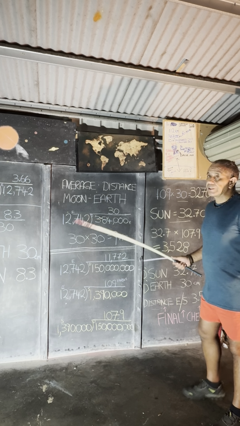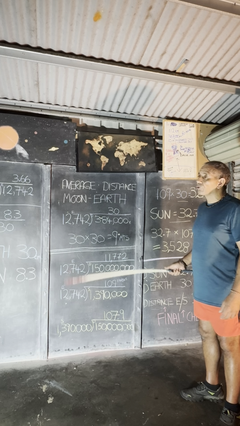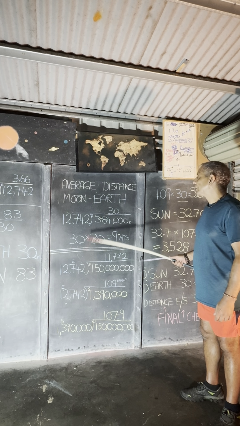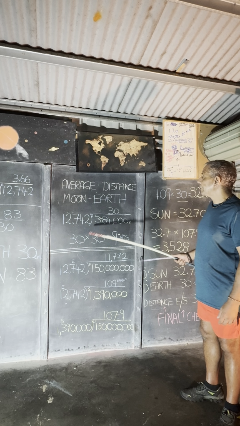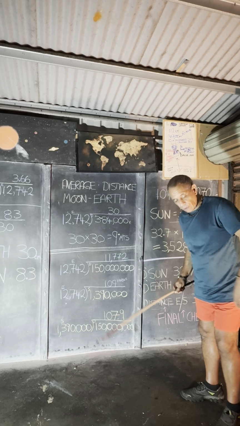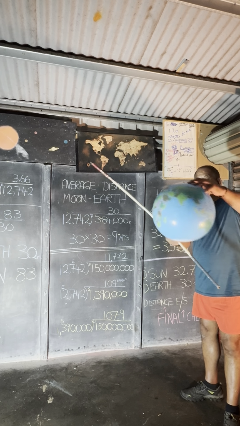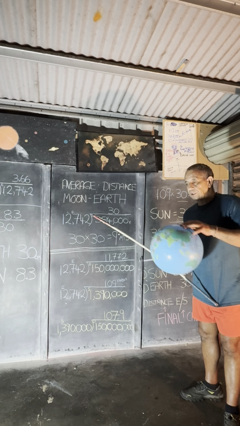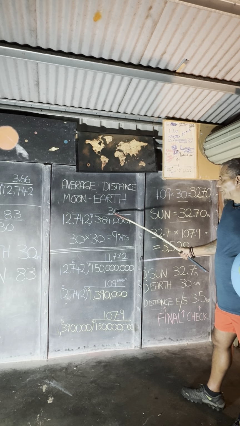The average distance between Moon and Earth is 384,000 kilometers. If we divide that by Earth's diameter, we get 30. So there are 30 planet Earths in between the Moon and us. 1, 2, 3, 4, right? 30 of them.